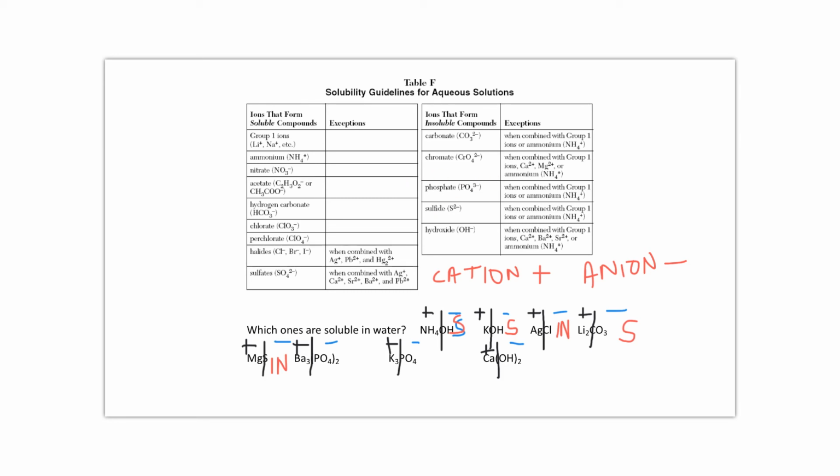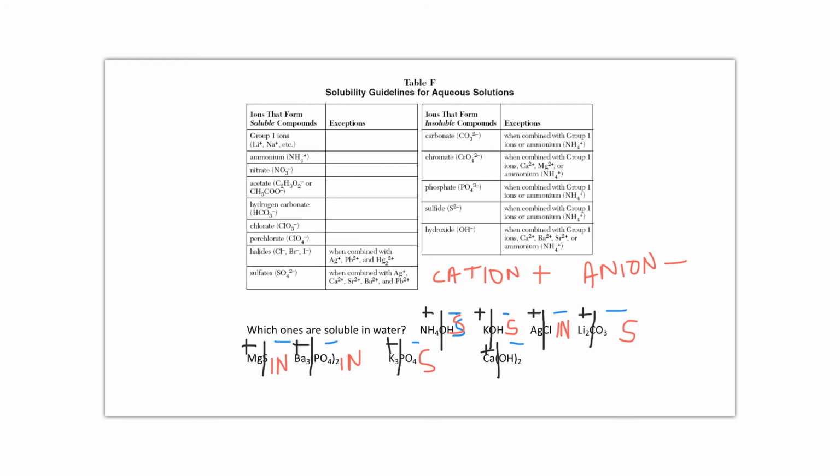When combined with group 1 ions or ammonium. Barium is neither a group 1 ion nor ammonium, therefore this is also insoluble. Potassium phosphate, again normally insoluble, but it's bonded to a group 1 ion in this case, so we're going to say that it is soluble.